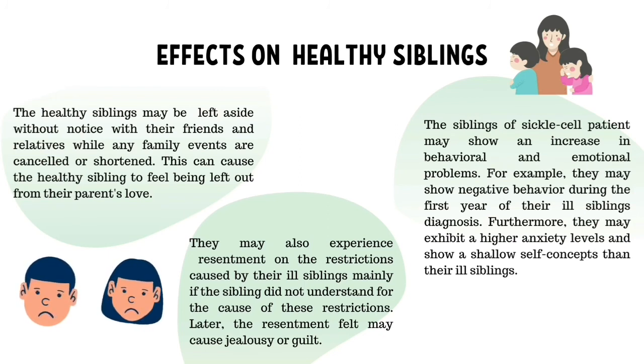Later, it may change into a sense of jealousy or guilt. Lastly, the siblings of a sickle cell patient may show an increase in behavioral and emotional problems. For example, they may show negative behavior during the first year of the ill sibling's diagnosis. Furthermore, they may exhibit higher anxiety levels and show shallower self-concepts than their ill siblings.